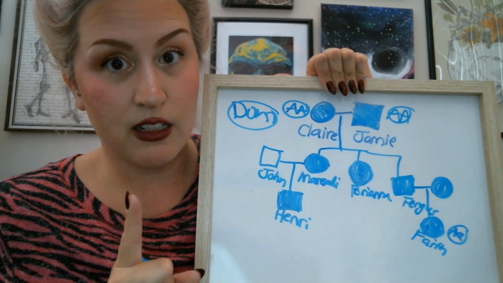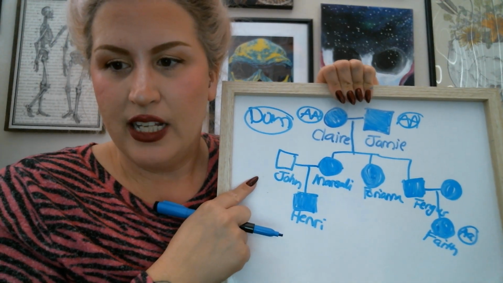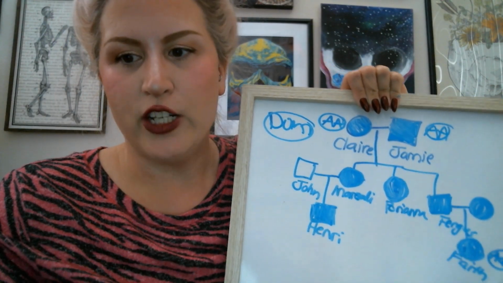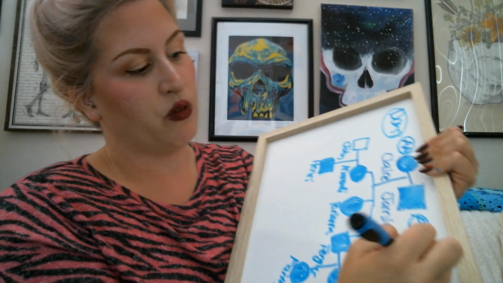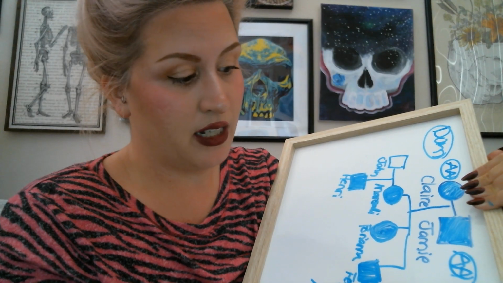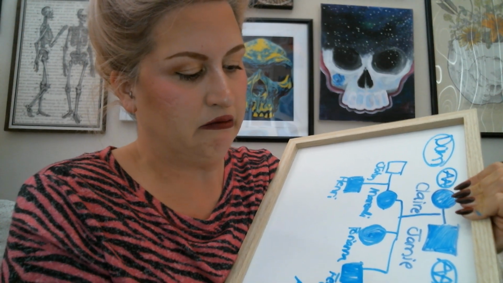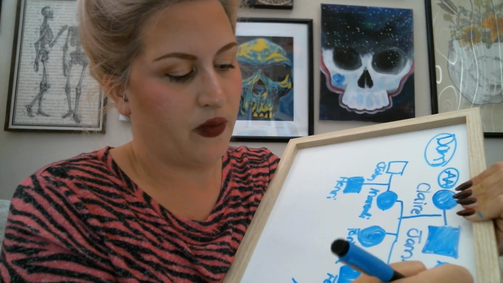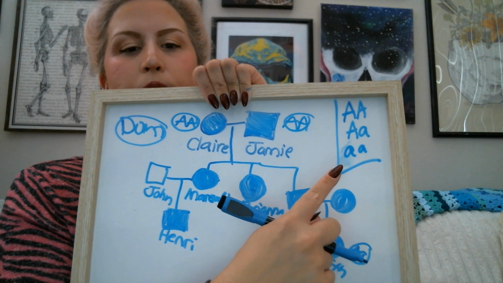So that also gives us a clue as to how we're going to label John. And then it says, the next part, what are the genotypes, right? So John we can figure out right away, because remember, the only three options are homozygous dominant, heterozygous, or homozygous recessive, right?